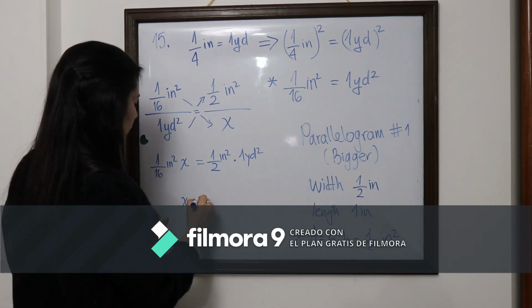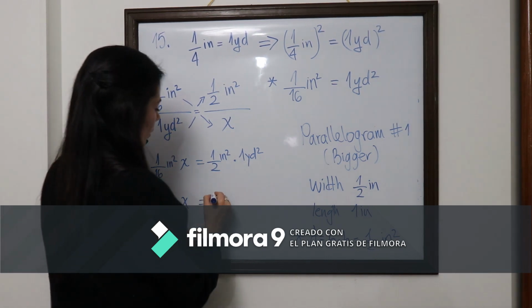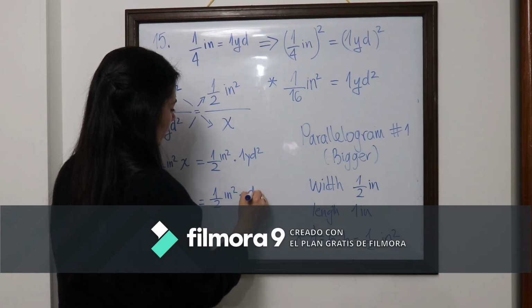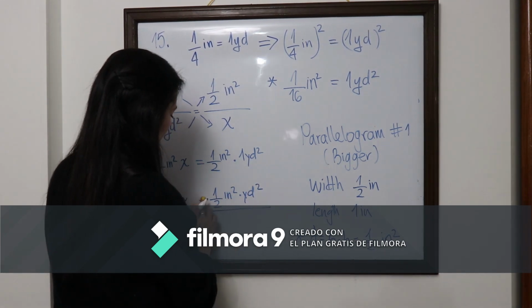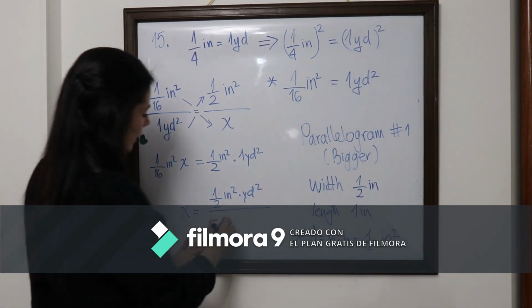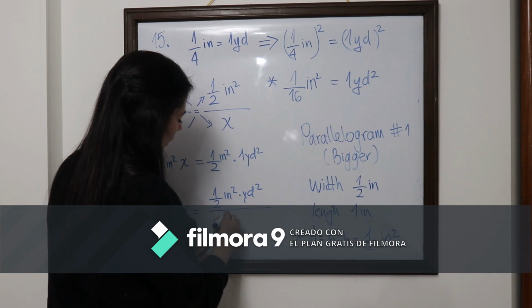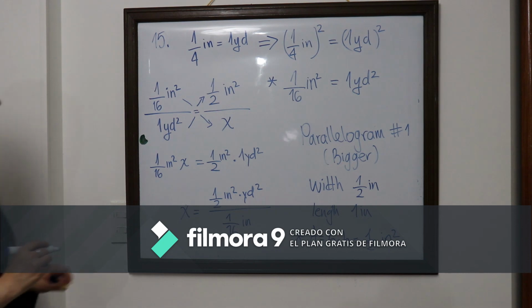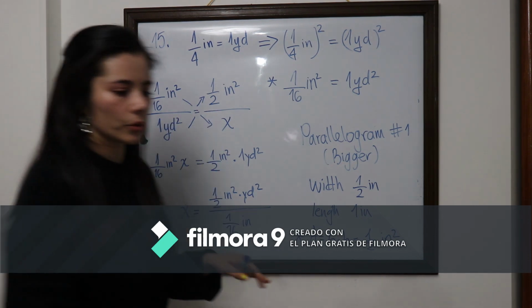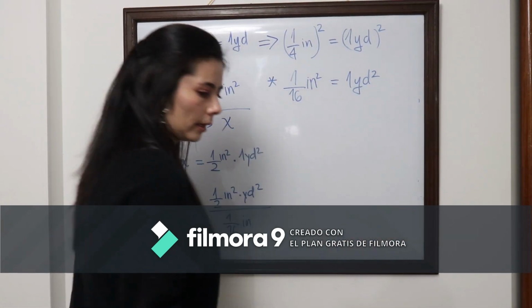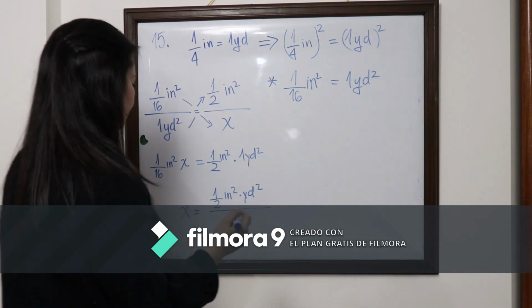And so here I'm going to have 1/2 square inch times square yards. I'm not writing down the 1, because it's a little bit pointless to write it down. And then I'm going to divide by 1/16 down here, okay? How is that going to work? Well, I don't have any more room, so hopefully you took notes. I'm going to erase here, and I'm going to continue.